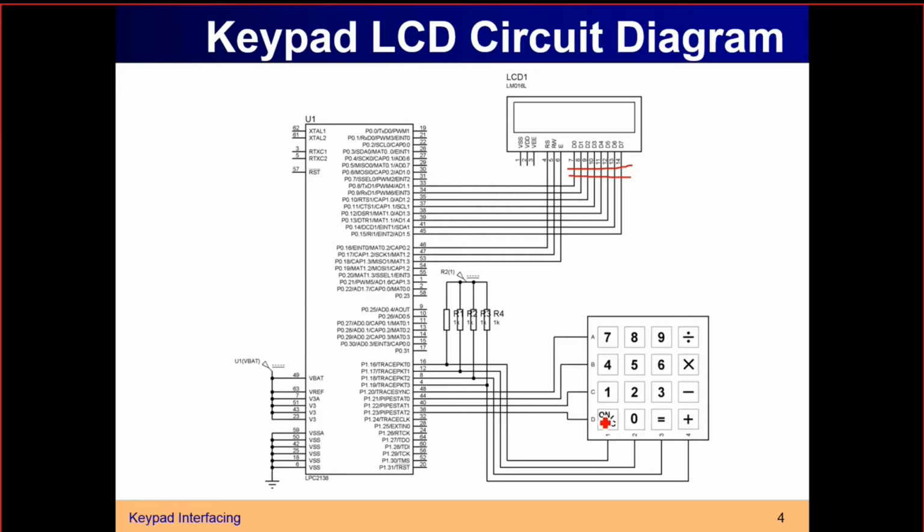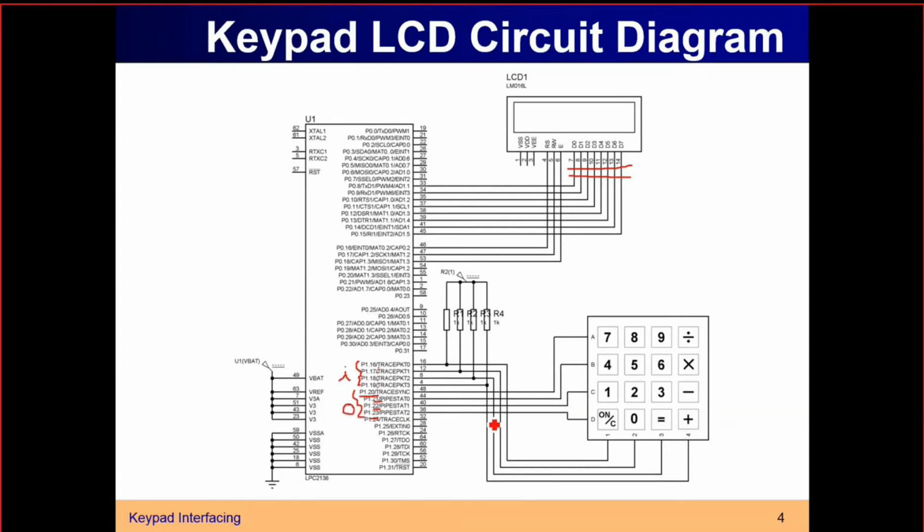And the rows of the keypad I am connecting to P0.20, 21, 22, 23. Columns I am connecting to 16, 17, 18, 19. And I have already told that columns should be made as input, rows should be made as output.